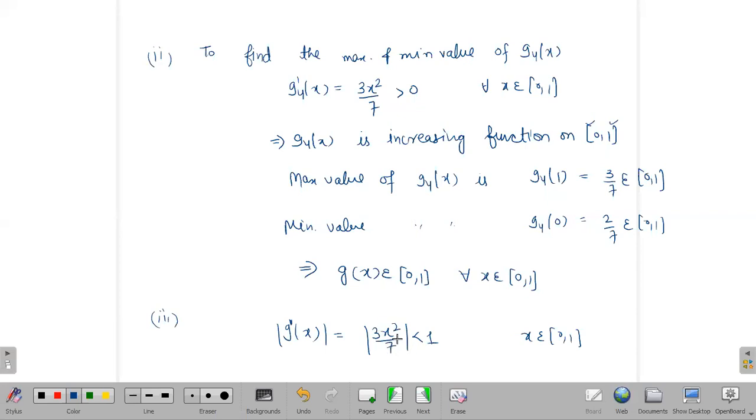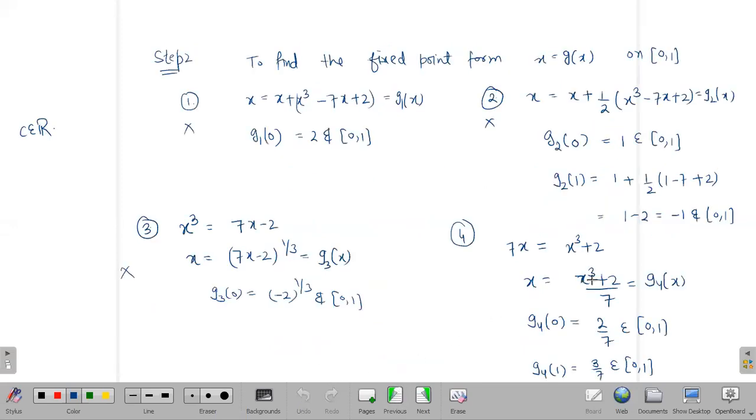Directly you can say this, or you can find it by taking the double derivative also, if you want to prove it. But it is showing that if you take x belonging to 0, 1, it is less than 1. So it is true. So this g of x is the appropriate g of x, and it is continuous also.